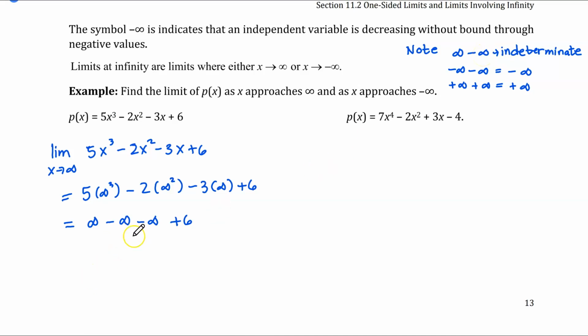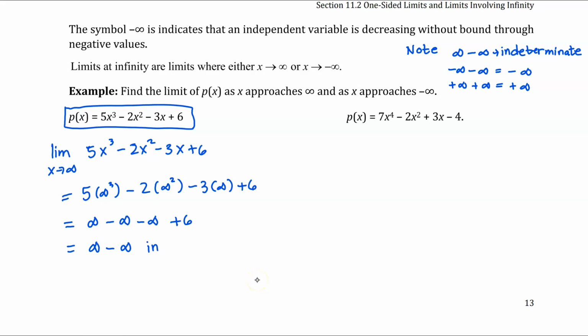So here I can combine these two, but I cannot combine it with this. So I will only have positive infinity minus infinity, and you can drop the plus 6 here because that is just a small value compared to infinity.